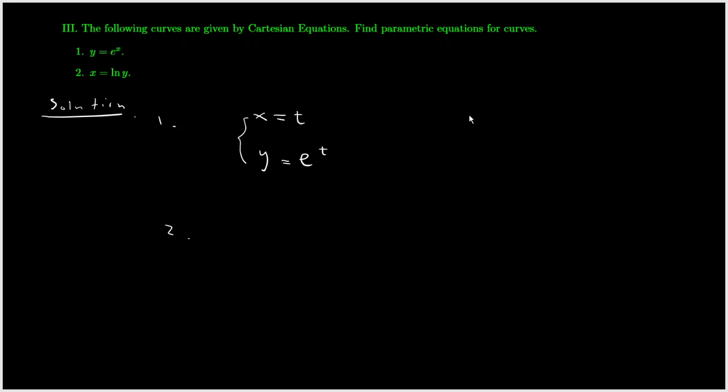So for question 2, I want to treat y to be the parameter. y is equal to t, and then x is equal to natural log of t, right? I want to repeat: the two equations in question 1 and question 2 are essentially the same thing. I was trying to use the two questions to illustrate how to convert a Cartesian equation to parametric equations.